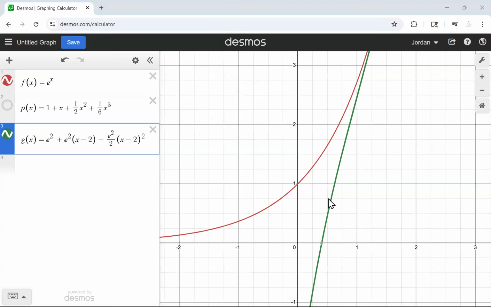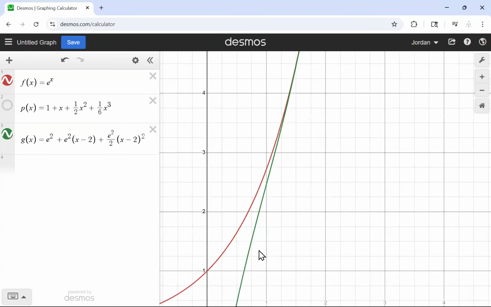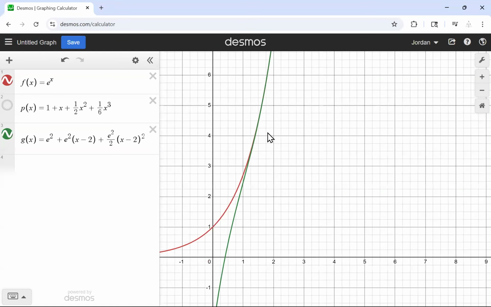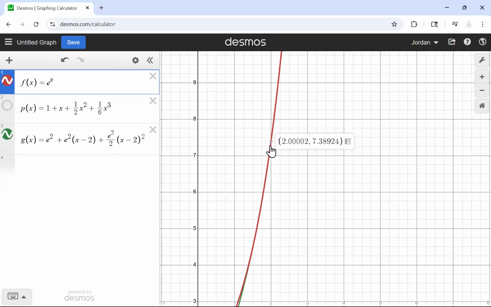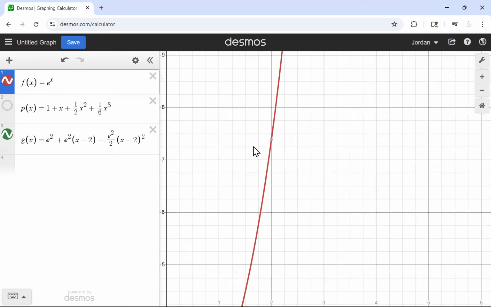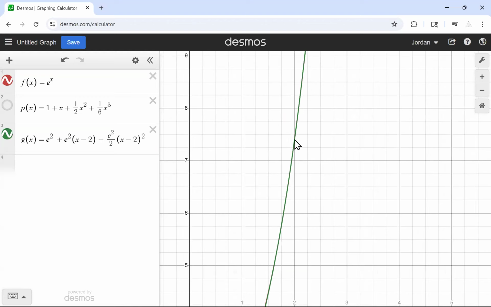So I have that polynomial graphed here. And you can notice that when you go up to an x value of 2, that polynomial is a very close approximation to my function when we get closer and closer to the x value of 2.